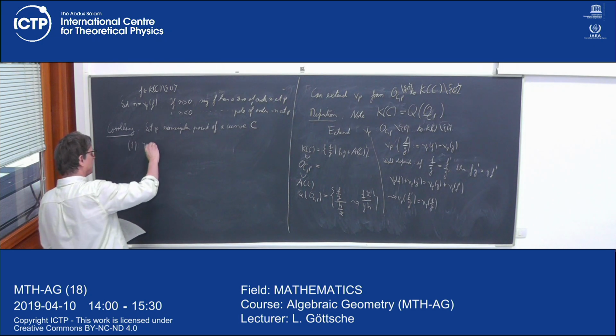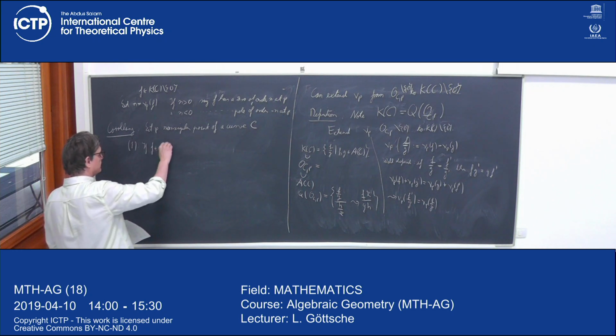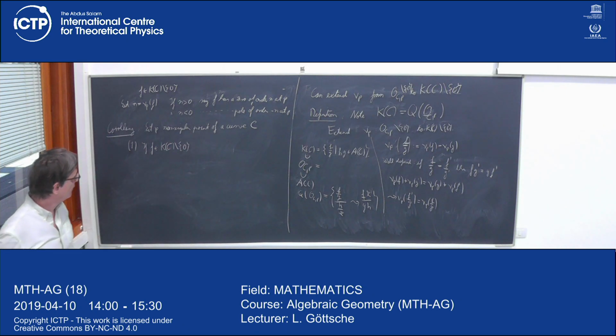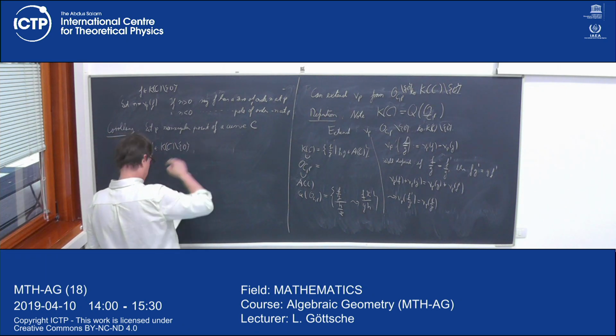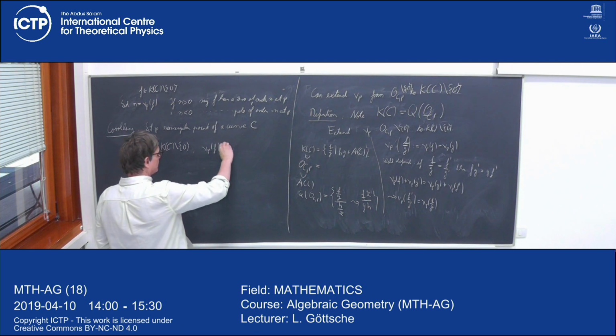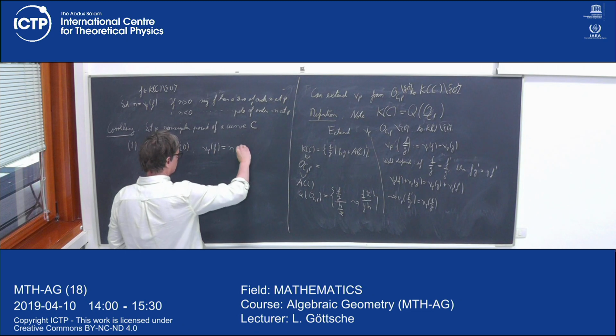If f is a rational function which is not 0, then nu p of f is equal to n.